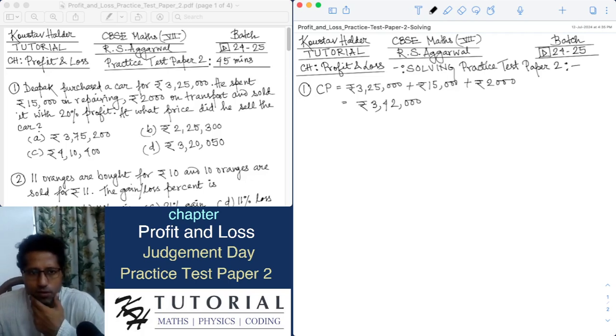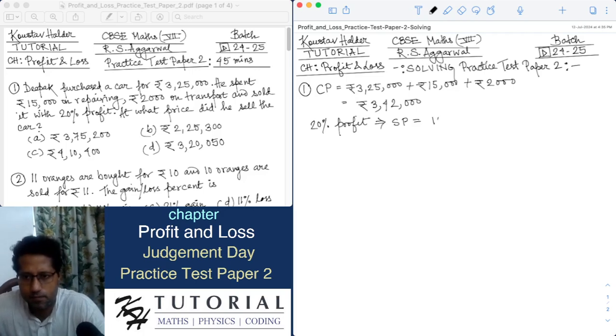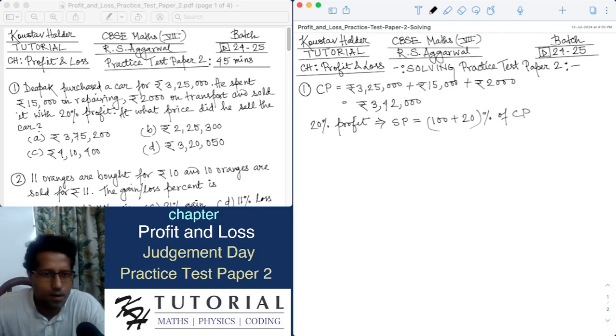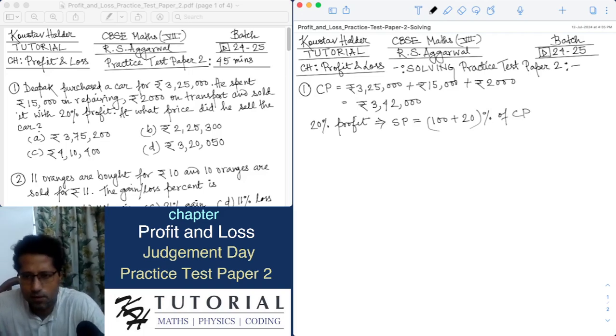Now he then sold the car with 20% profit. 20% profit implies that the selling price will be 100 plus 20, that is 120% of the cost price.